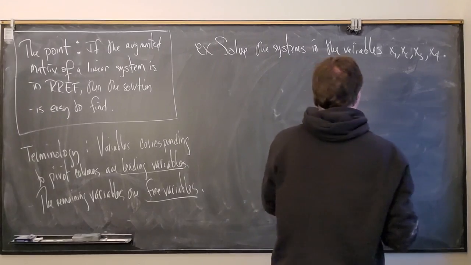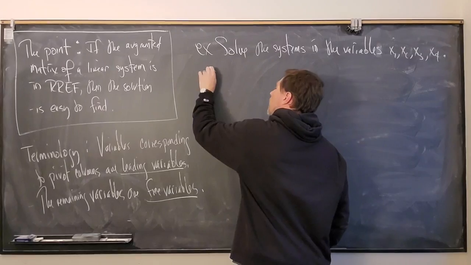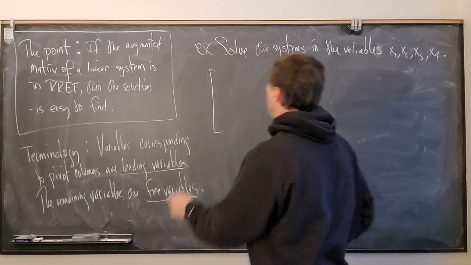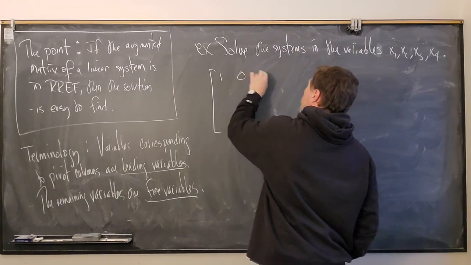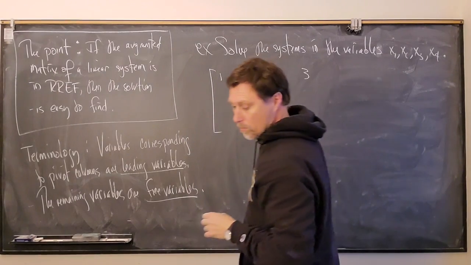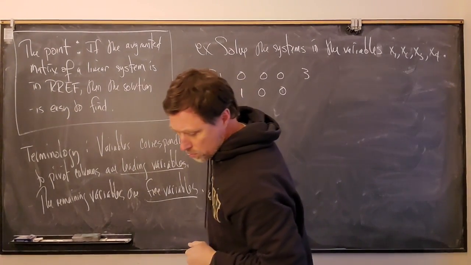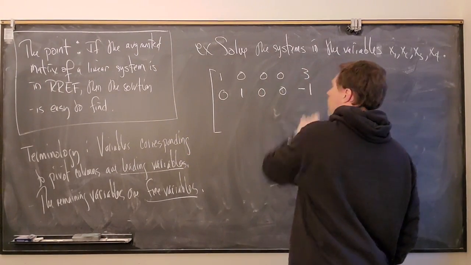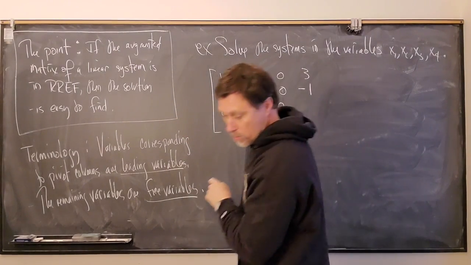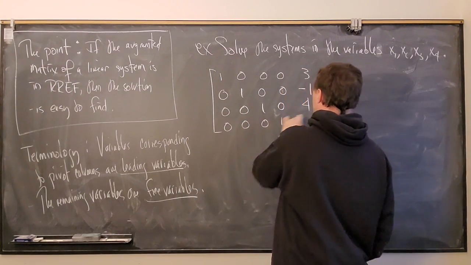Okay, so first example. 1, 0, 0, 0, 3. 0, 1, 0, 0, negative 1. 0, 0, 1, 0, 4. And 0, 0, 0, 1, 0.